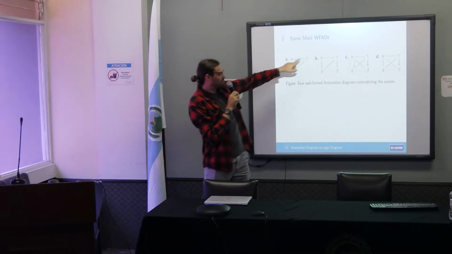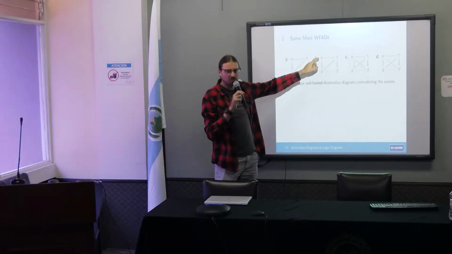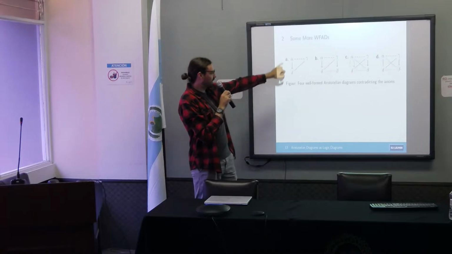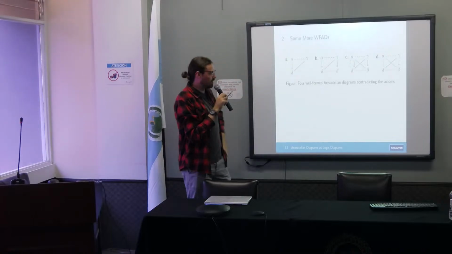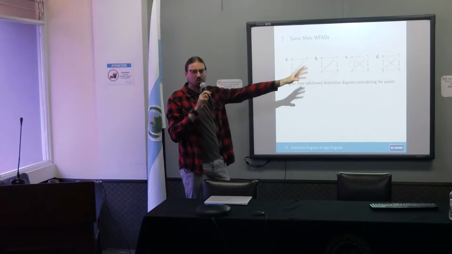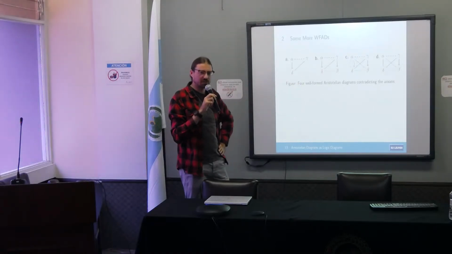The things at the vertices are supposed to be formulas of a language, but I abstract away from that and I use these alpha, beta, gamma, delta as variables to range over whatever concrete logical language you want to talk about. Does that answer the question?